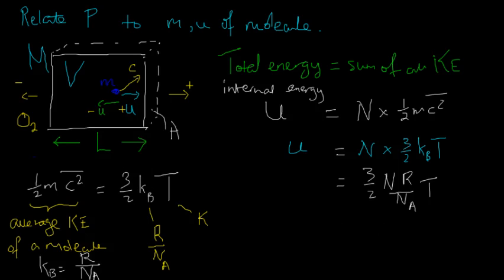If you remember the relation for number of moles, if I take the number of moles and multiply by Avogadro constant, I should get the number of molecules, because in 1 mole the number of molecules is NA, the Avogadro constant, which is 6.022 times 10 to the 23.